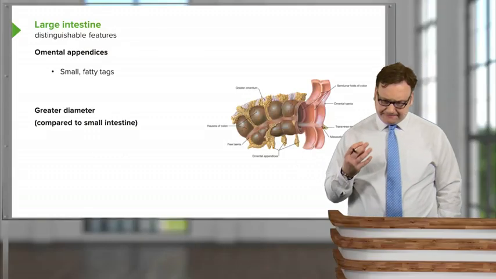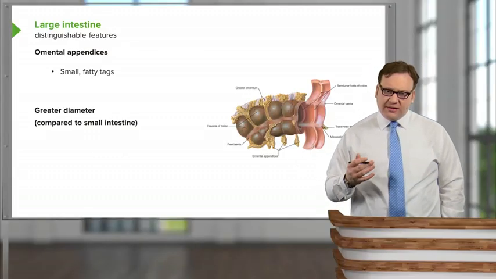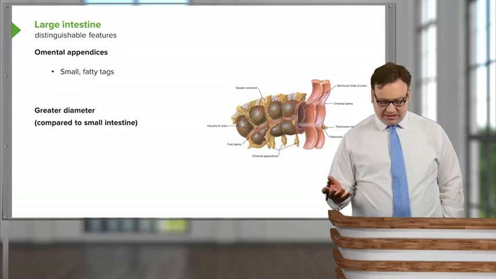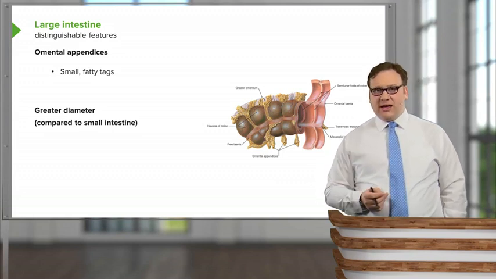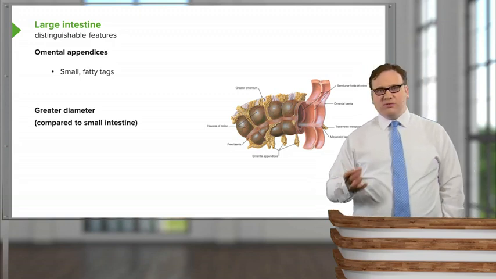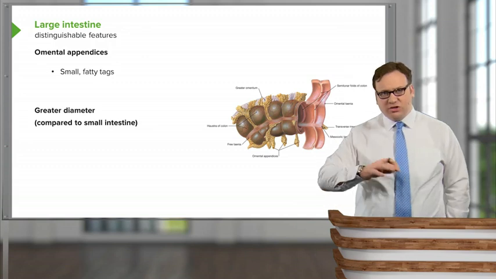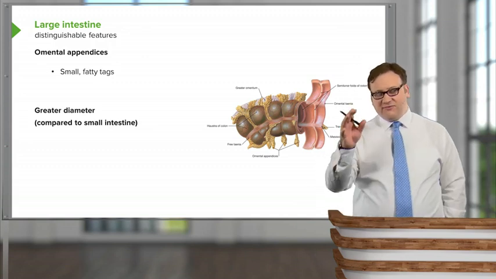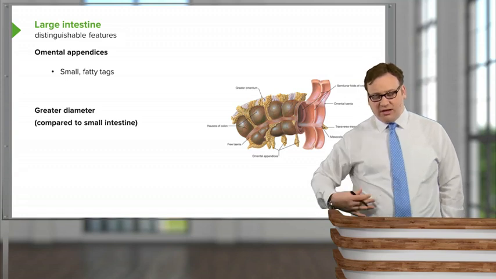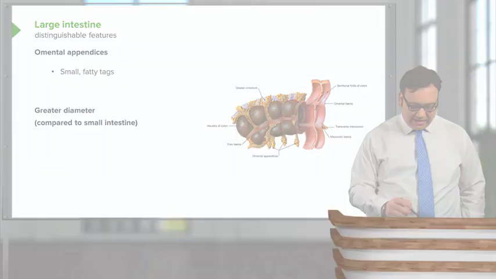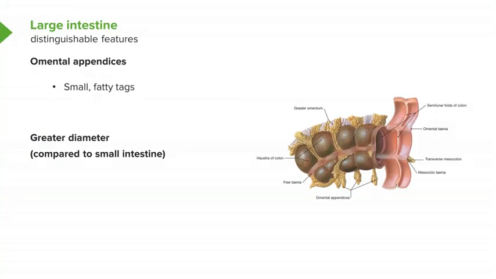Another clear way to distinguish the large intestine from the small intestine is its greater diameter. So, apart from the obvious position of the small intestine, you should be able to work out where the large intestine is, due to its inverted U shape around the lateral aspects of the abdomen, but also via these three clear, distinguishable features.